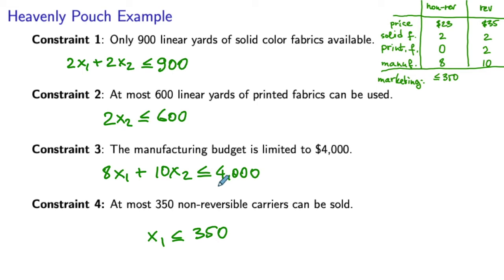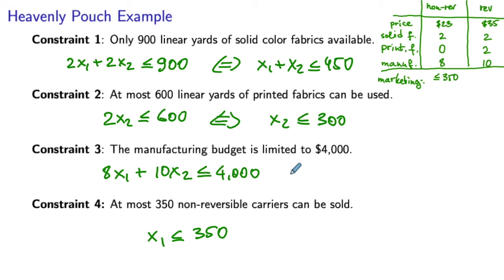But just to show that we can simplify the constraints, let's divide both sides of the first constraint by 2, then this will give us an equivalent constraint. x1 plus x2 is less than or equal to 450. Then this constraint is equivalent to x2 is less than or equal to 300. And here we can divide both sides by 2 as well. So we'll obtain 4x1 plus 5x2 is less than or equal to 2000.